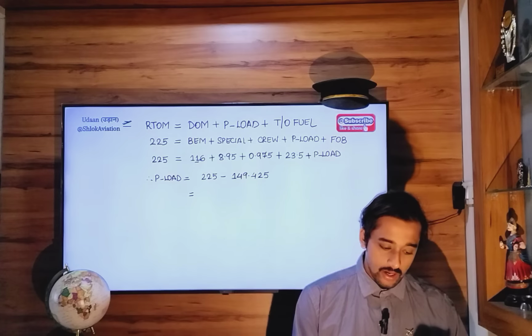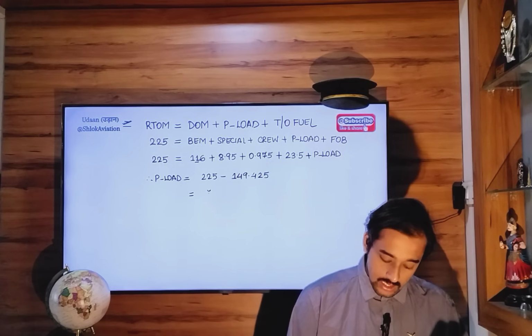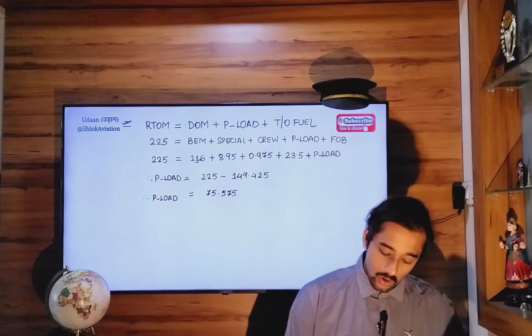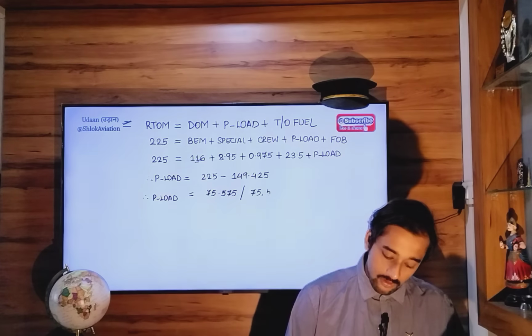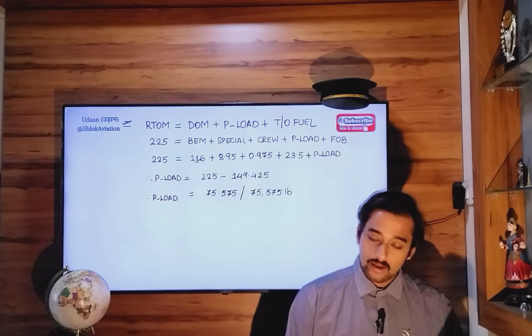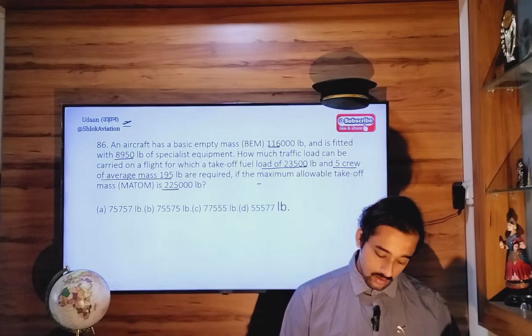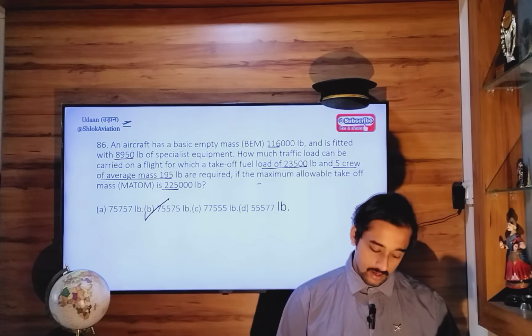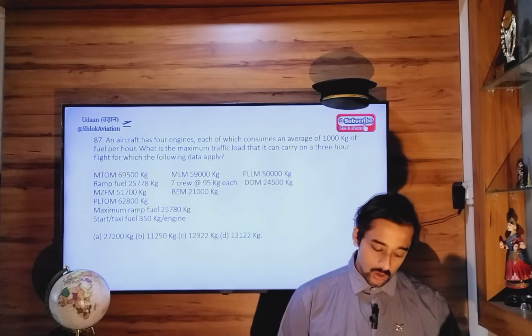So 225 minus that is 75.575. So payload equals 75.575, or 75,575 pounds. Okay. Option Bravo, 75,575.